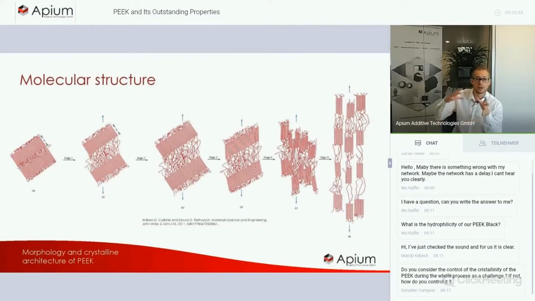As you can see here, we start from the crystalline in the amorphous regions, and then we apply forces. The first thing that happens is the amorphous regions will start to expand, they will start to untangle, and this is where we see very little resistance, and we have the first plastic deformation.